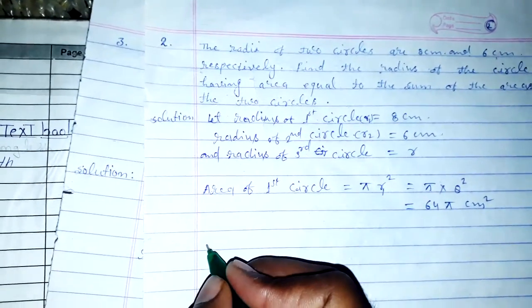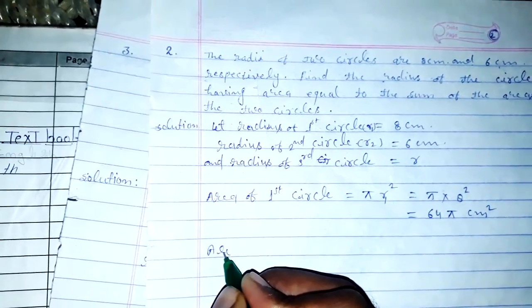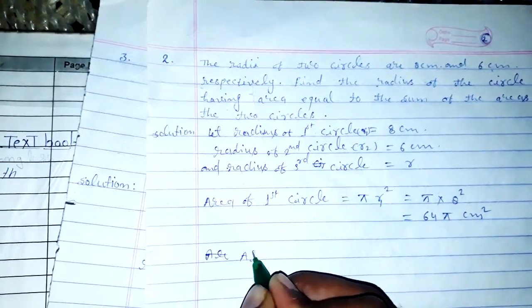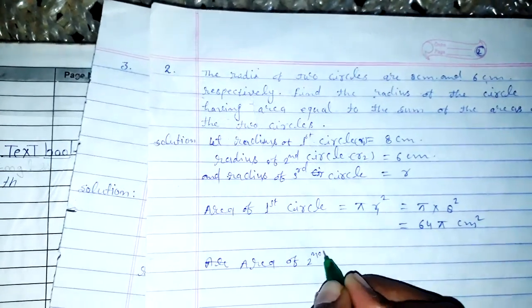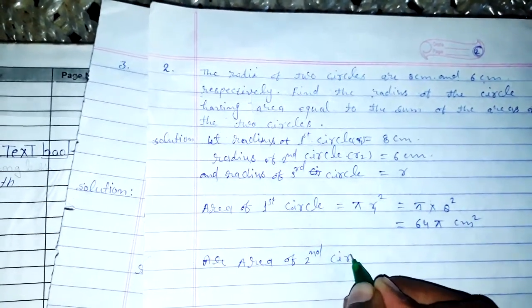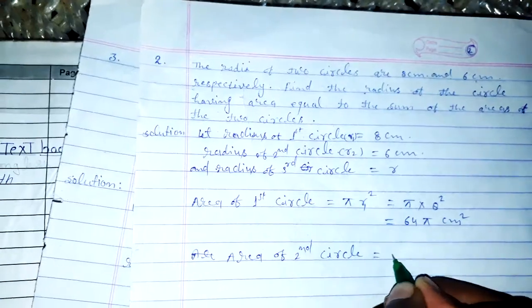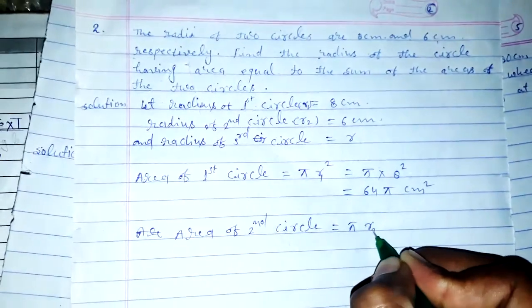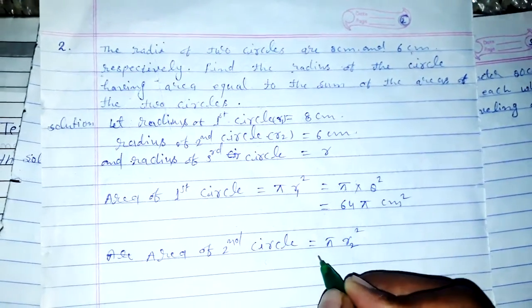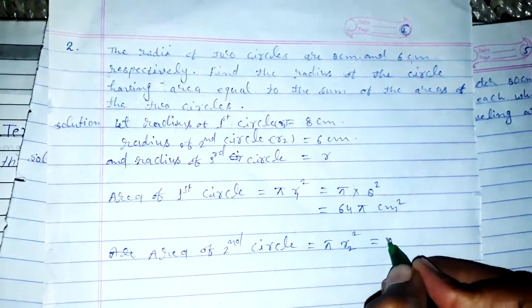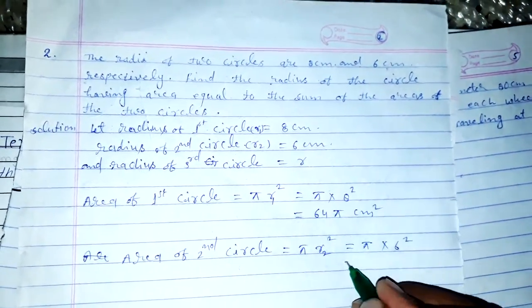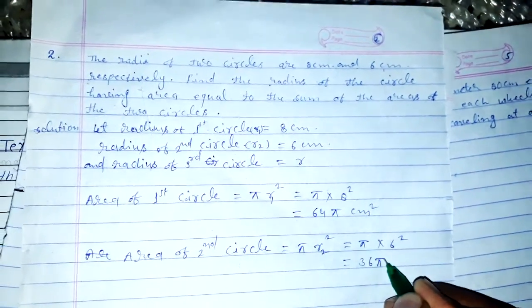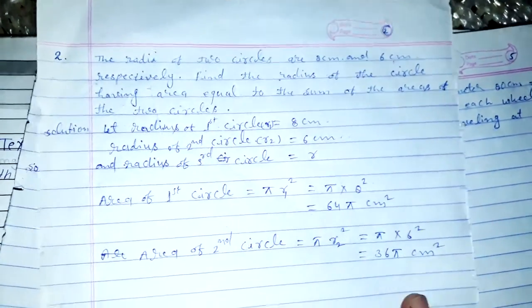Next, the area of the second circle is pi r2 square. Here r2 is 6 centimeter, 6 square is 36, so this is 36 pi centimeter square.